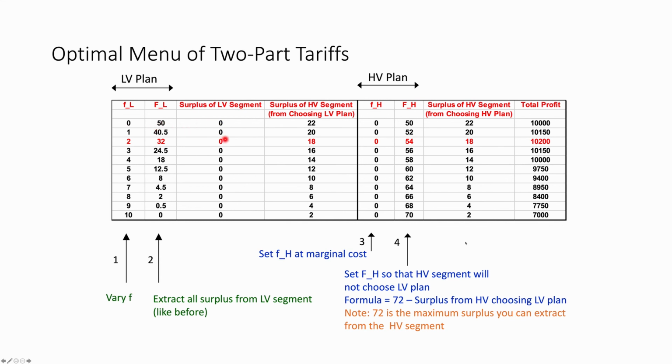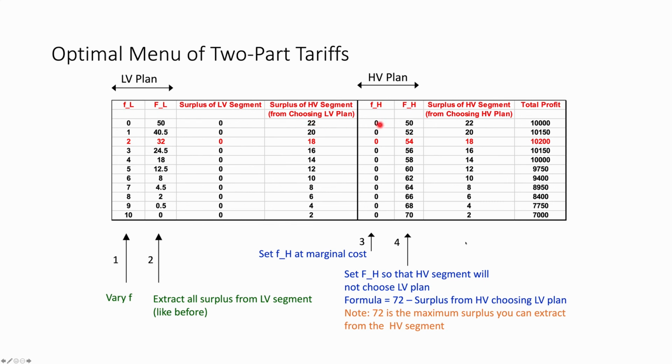So the low value segment would have a 0 surplus, as we have discussed before. And the high value segment, when they choose this plan, they would receive a surplus of $22. If you remember, the total size of the high value segment triangle is 72, so they would have $22 surplus.